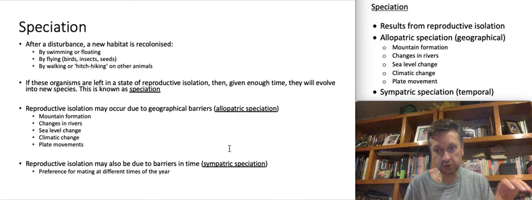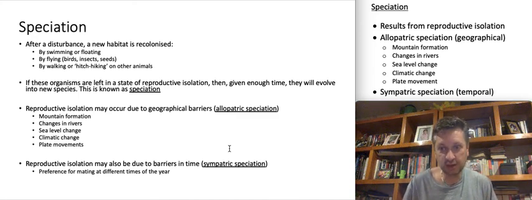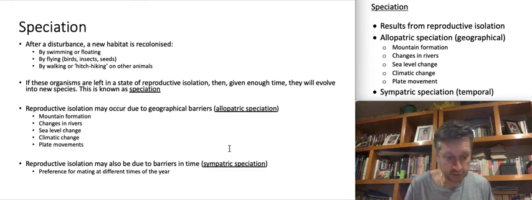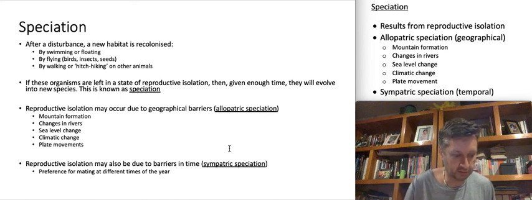Over time, because of different mutations in these two groups, they became genetically distinct and eventually formed two different species, the apple maggot fly and the hawthorn maggot fly.